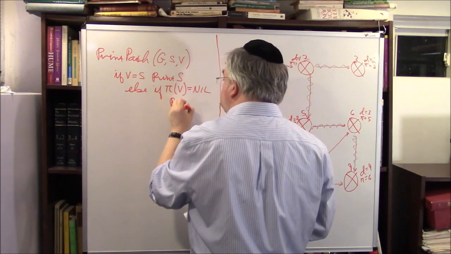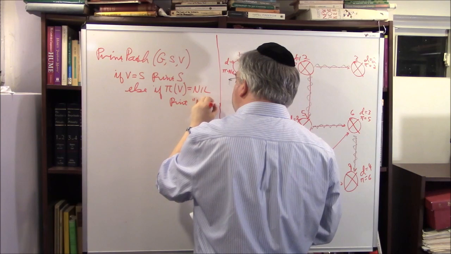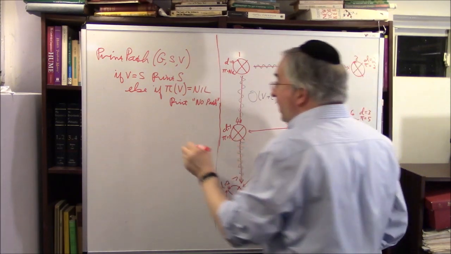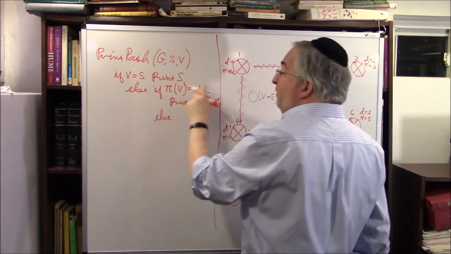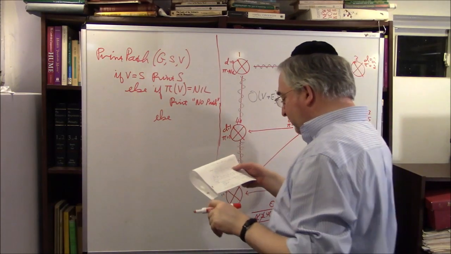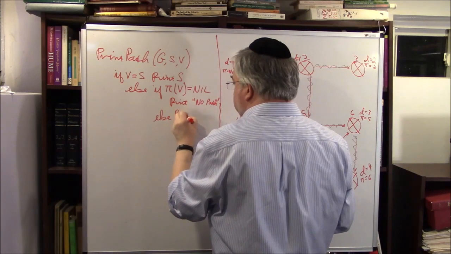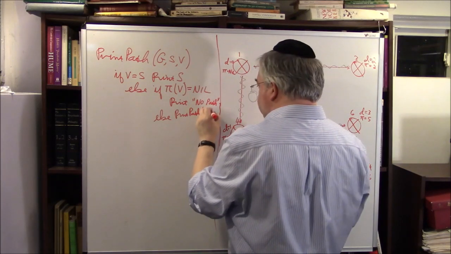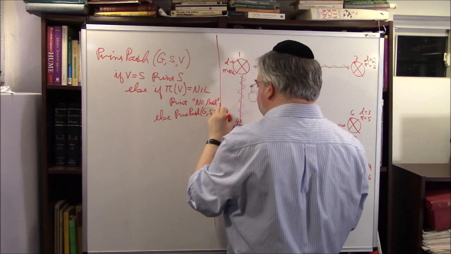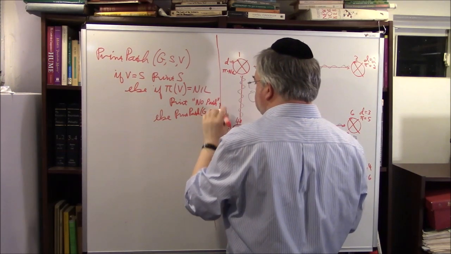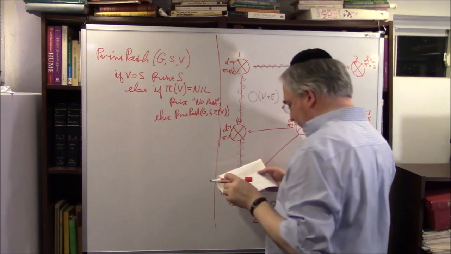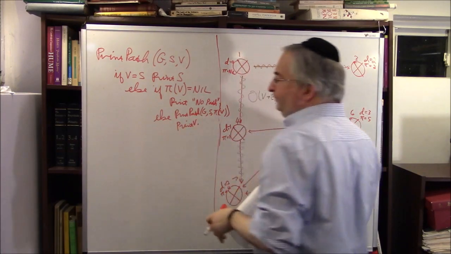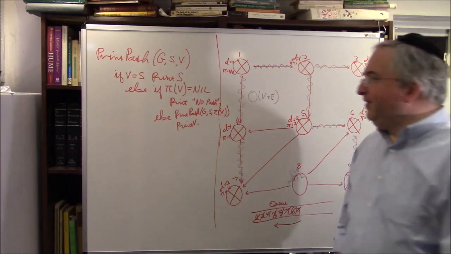So what do we do? Print no path. Else, if the parent is not nil, print path G, comma, S, the starting point, parent of V. And when you finish that, print V. It's a very clever little algorithm.